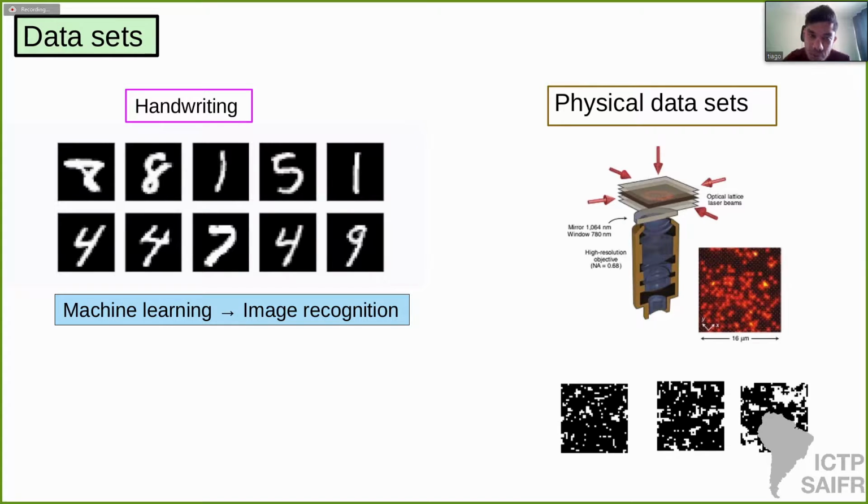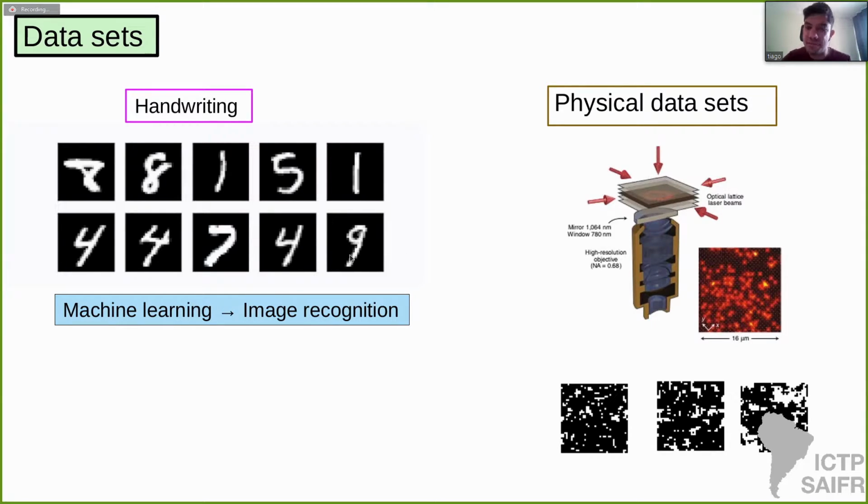Here I mentioned two kinds of data sets, handwriting data sets and also physical data sets, like the wave function snapshots that I mentioned before that can be measured in these experiments. Here are Ising snapshots that are simulated in a classical computer, using Monte Carlo. The idea of machine learning is, for example, to do image recognition of these handwritten data sets.